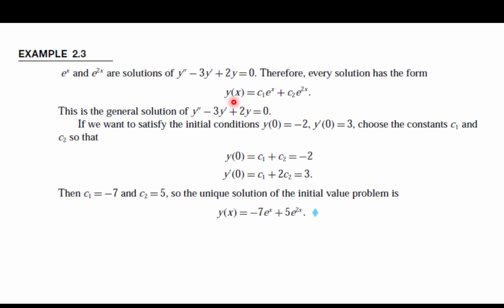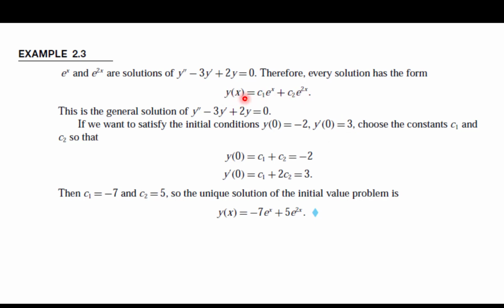We have y equal to C1 e to x plus C2 e to 2x. If we put x to be 0, then e to x is 1 and e to 2x is another 1, so C1 plus C2 equals minus 2. This is the first initial condition. For the second initial condition, we need the derivative of this equation.